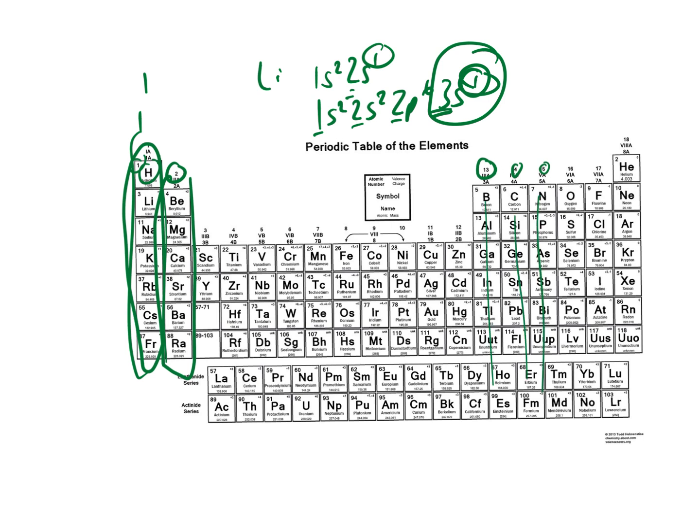In group 16, there are 6 valence electrons. In group 17, there are 7 valence electrons. In group 18, there are how many? 8, except for helium. Helium only has 2 electrons total, so it can't have more than 2 valence electrons. Are we good?